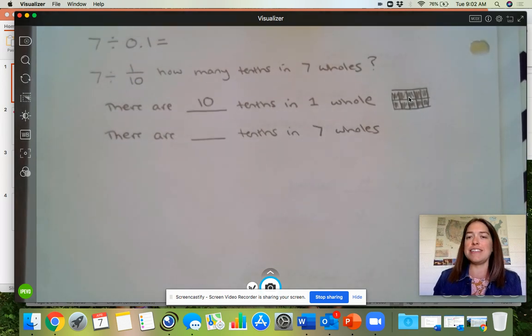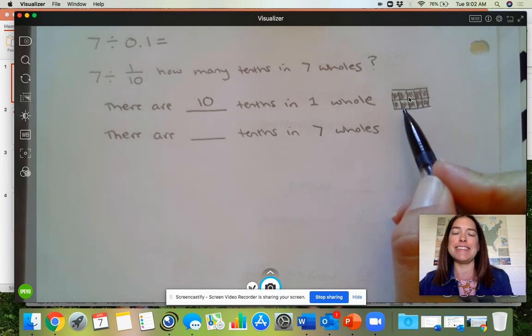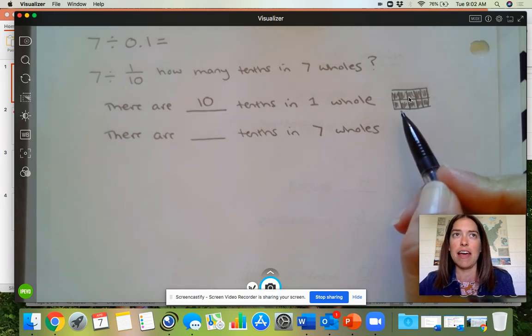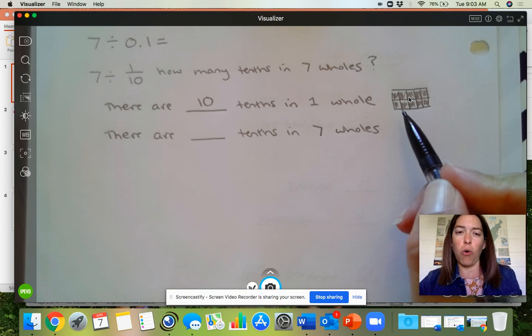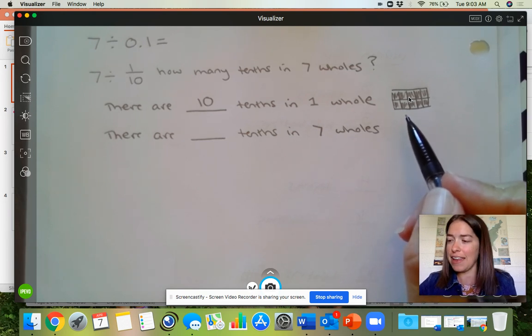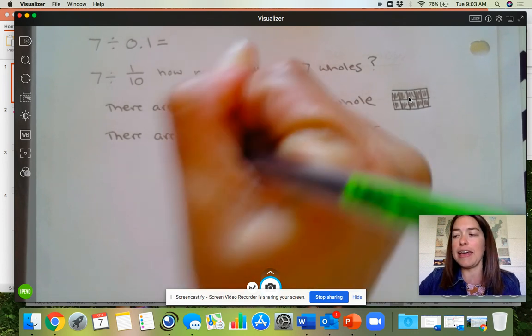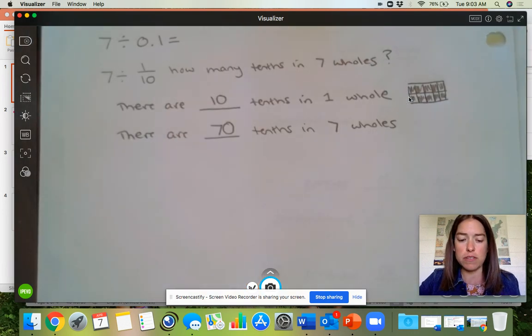If there are 10 tenths in one whole, if I were to have 7 wholes, how many tenths would that be? Well, 10 tenths in one whole means 70 tenths in 7 wholes. Let's prove that by drawing it out.